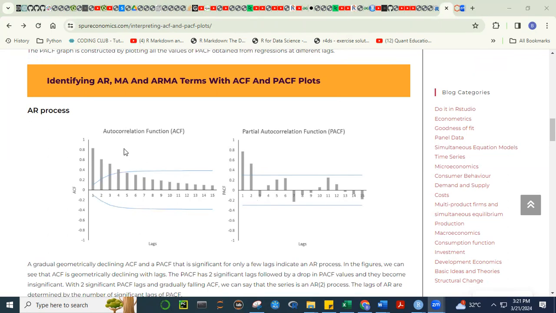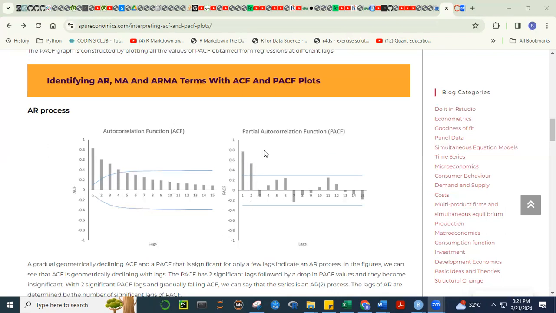If your ACF is gradual and geometrically declining and your PACF is significant for only a few lags, significant spike at lag 1, lag 2, and then no more, then most probably this is an AR process. In fact, this could be an AR2 process because two are significant here.